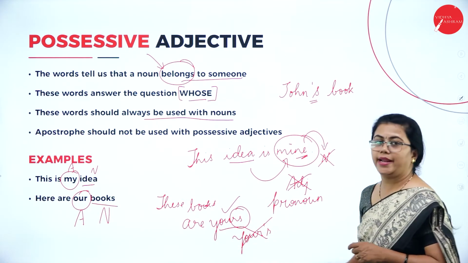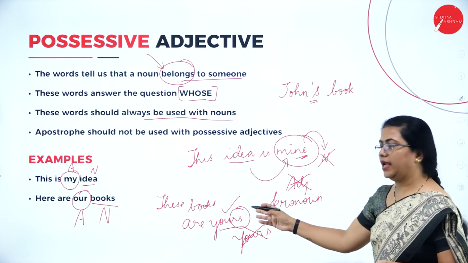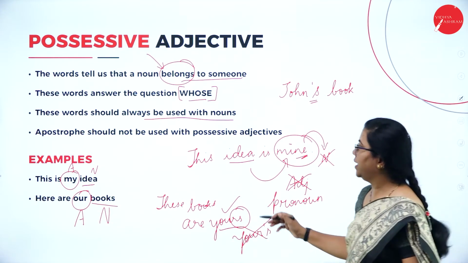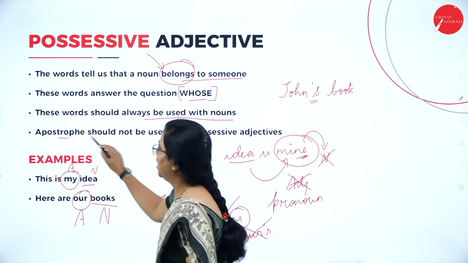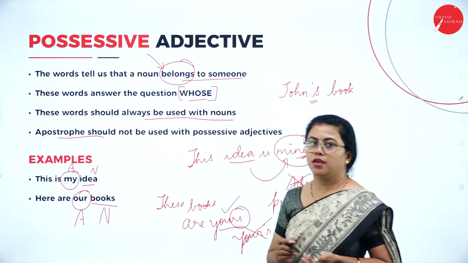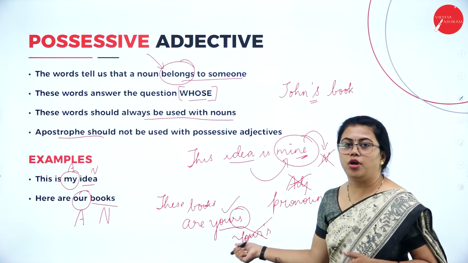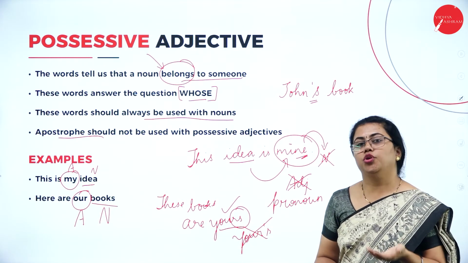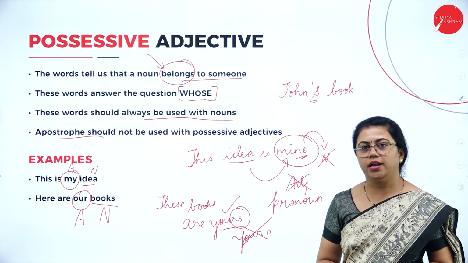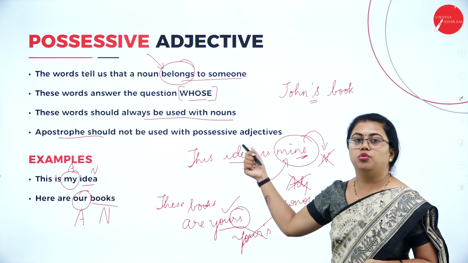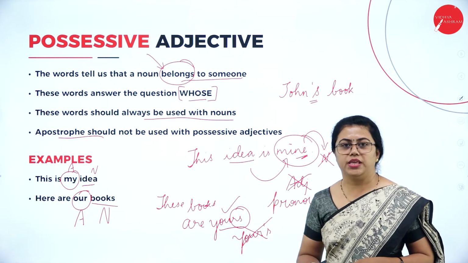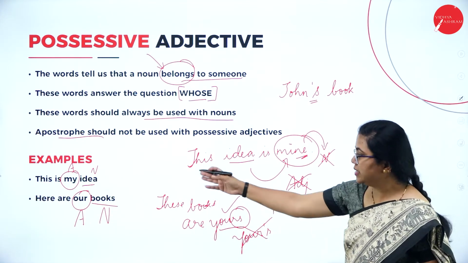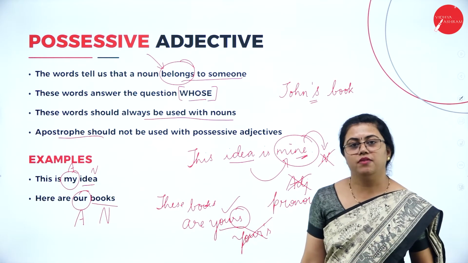This way is the correct one, because whenever you are writing a pronoun, that time you will not use an apostrophe anywhere. Fine. Whenever you are using a pronoun as an adjective or anywhere, you will not use an apostrophe there. So please make sure you use it without an apostrophe in the sentence. Fine. So these are the examples of possessive adjectives.